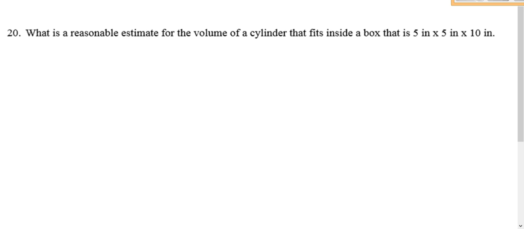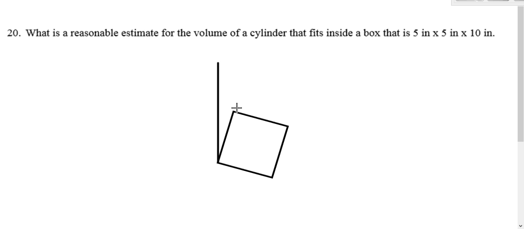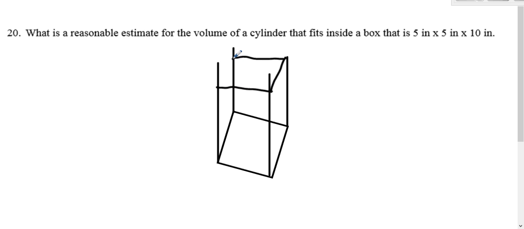What is a reasonable estimate for the volume of a cylinder that fits into a box that's 5 by 5 by 10? So we've got this box, something like that, 5 by 5 by 10.